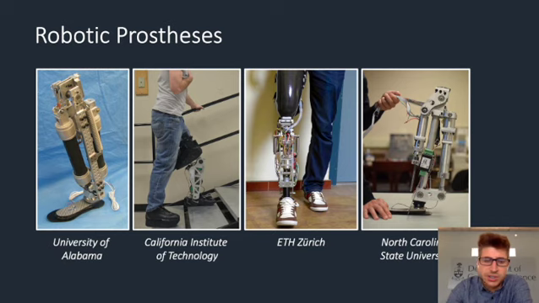Now, fortunately, robotic prosthetics can replace the propulsive function of the amputated biological legs and allow patients with amputation to perform daily locomotor activities that require power generation, for example, climbing stairs.